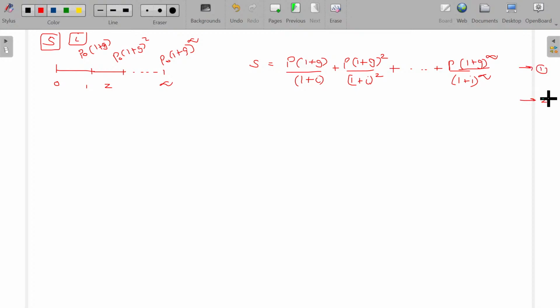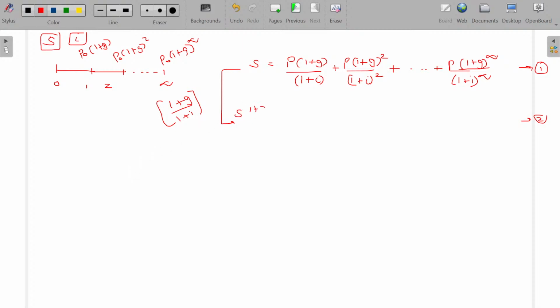I am going to arrive at equation number 2. In equation number 1, I am going to multiply by 1 plus g divided by 1 plus i. Usually you will multiply with 1 plus i only, but here in the numerator we have 1 plus g also, so I multiply with 1 plus g divided by 1 plus i.